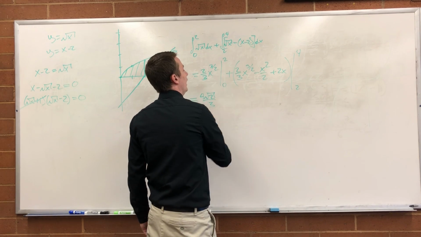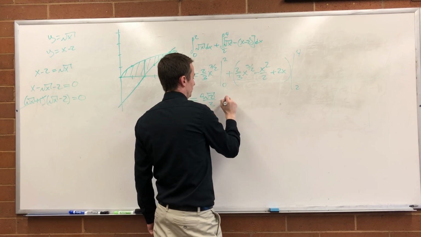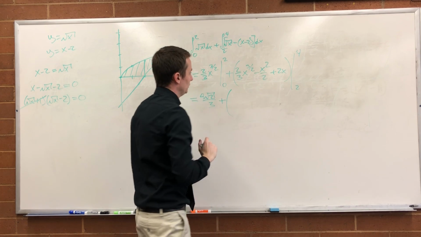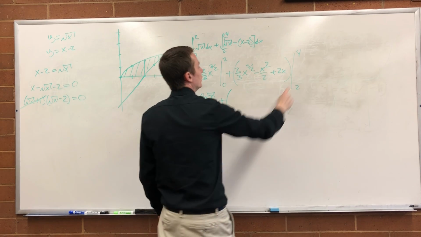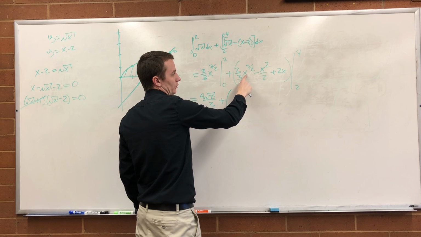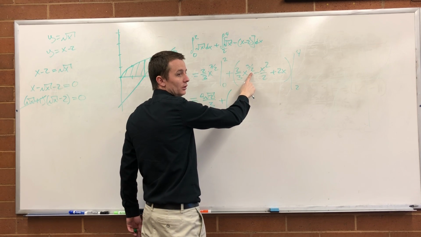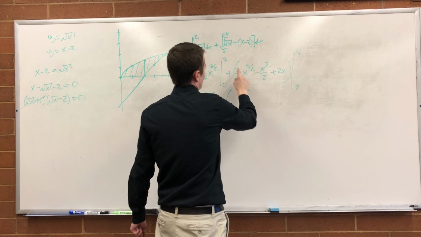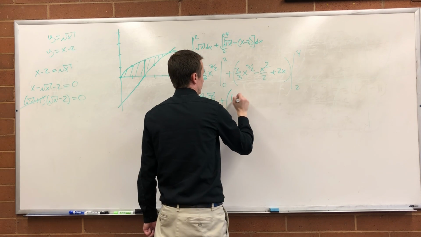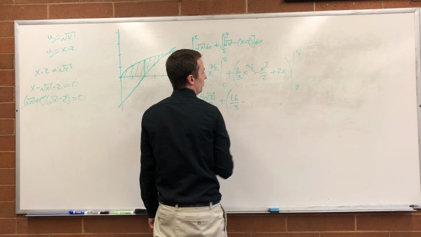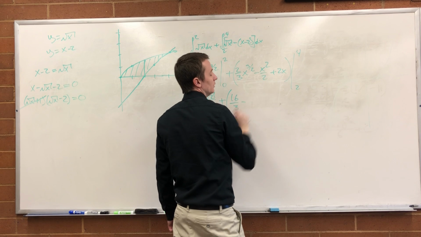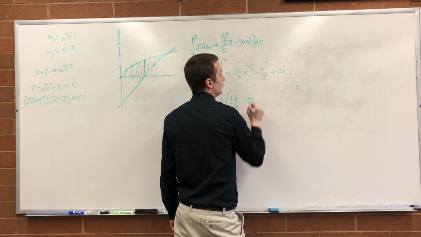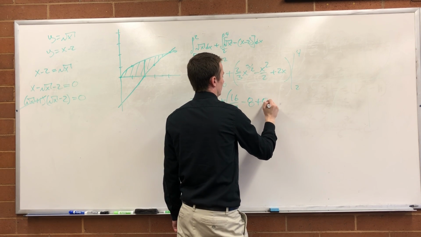And then minus the 0 still leaves us with this. Plus, what do we get when we plug in 4? What's the square root of 4? 2, cubed 8, times 2 is 16. We have 16/3 minus 8, plus 8. So just 16/3.